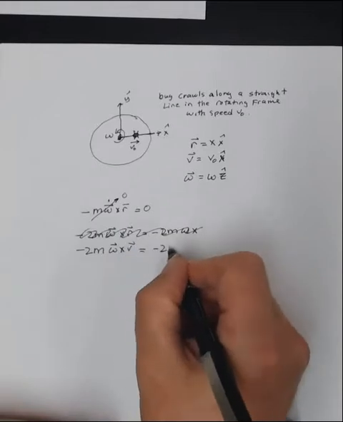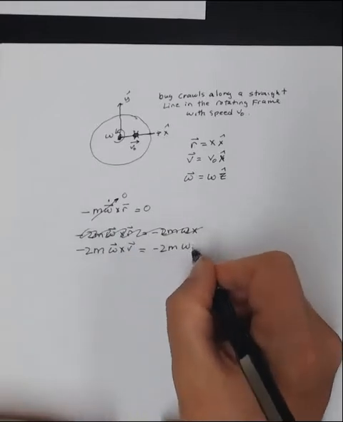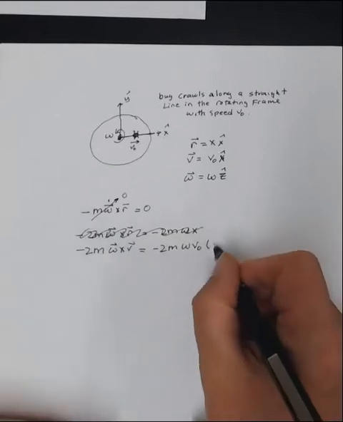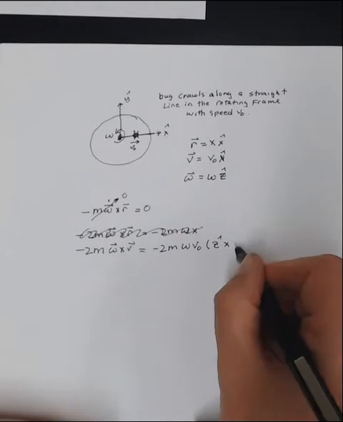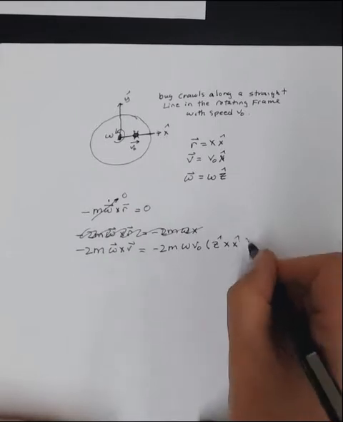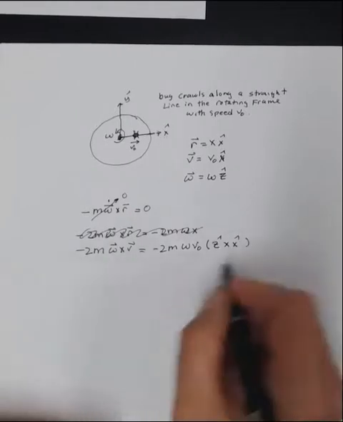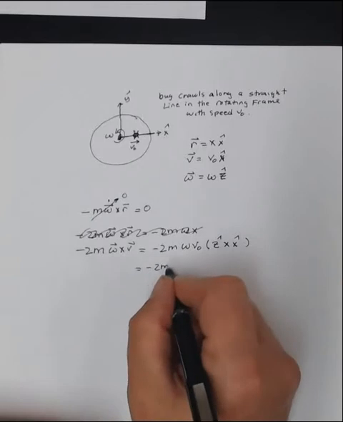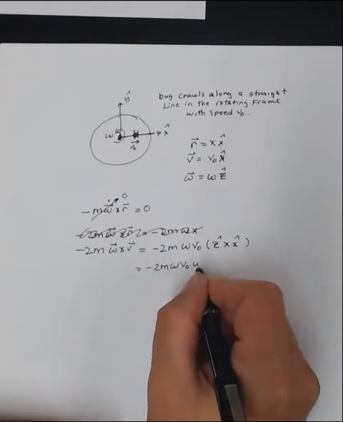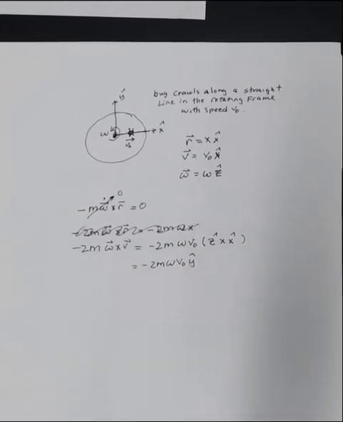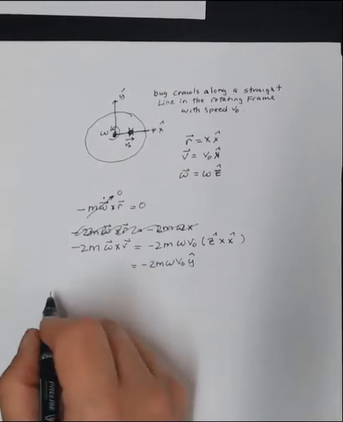Which is omega v naught, and then we have z hat crossed into x hat. That's in the y hat direction, so we get negative 2m omega v naught y hat.